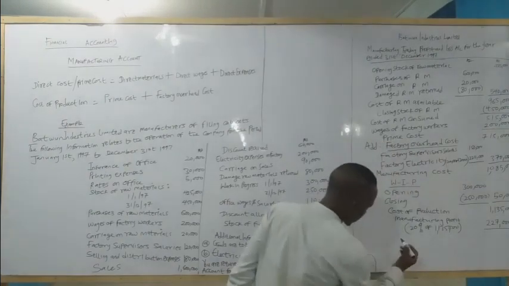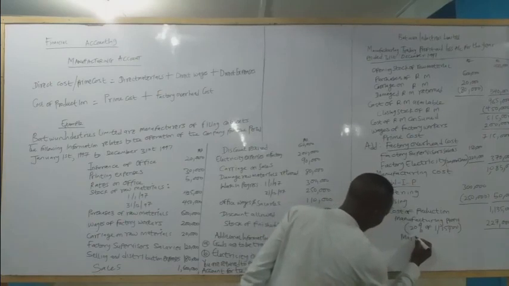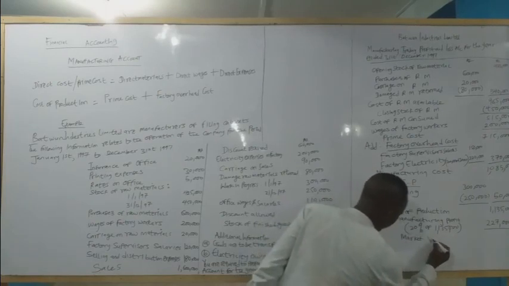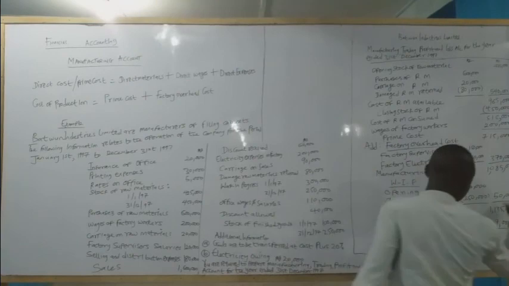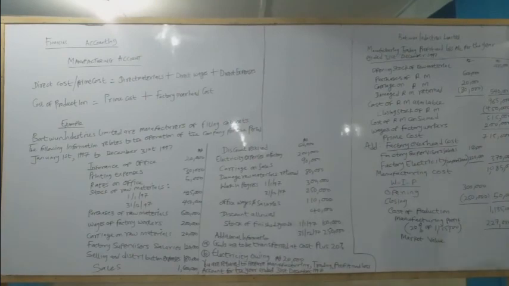So this, we now call it our market value. By adding these two together, we get our market value: 1,135,000 plus 227,000. We have 1,362,000.